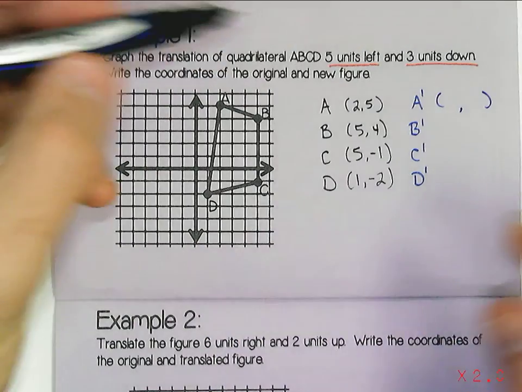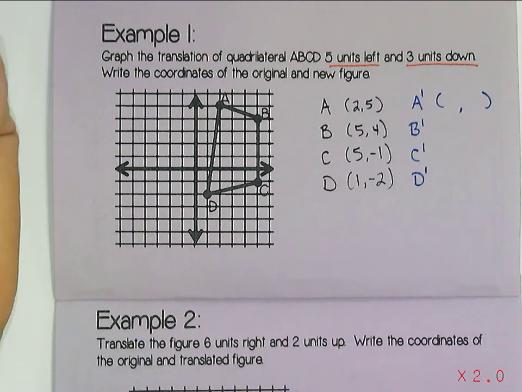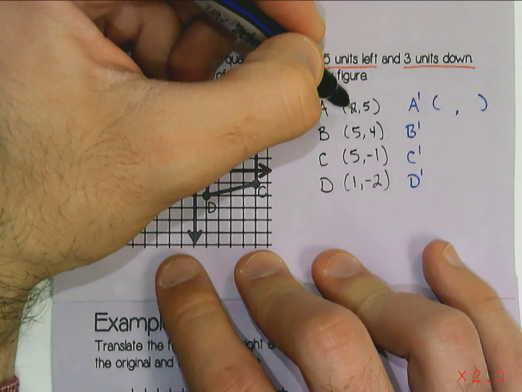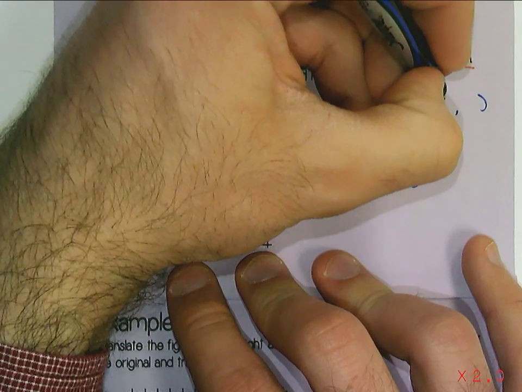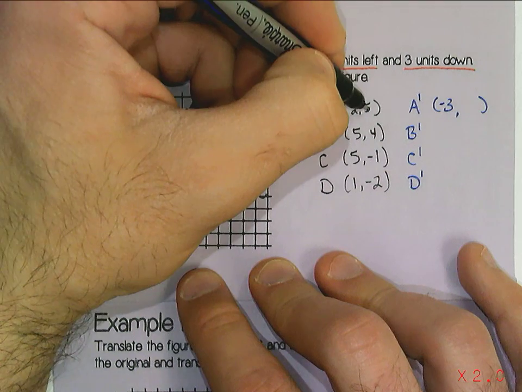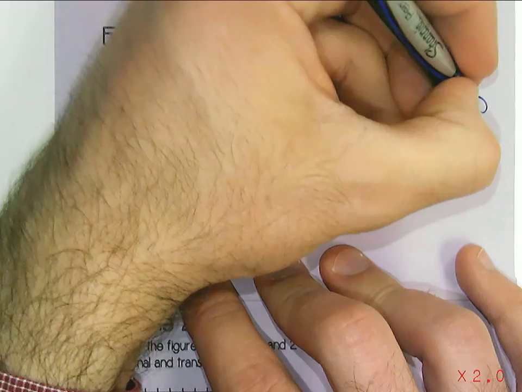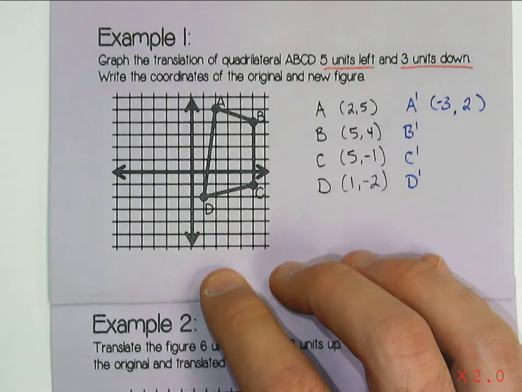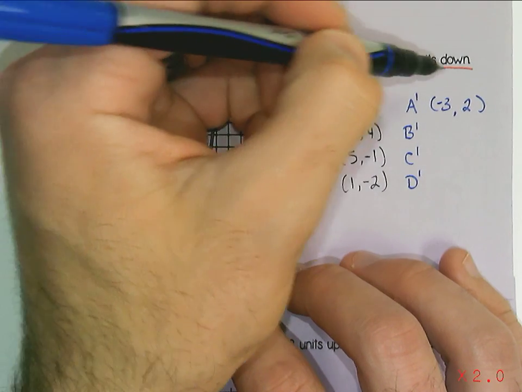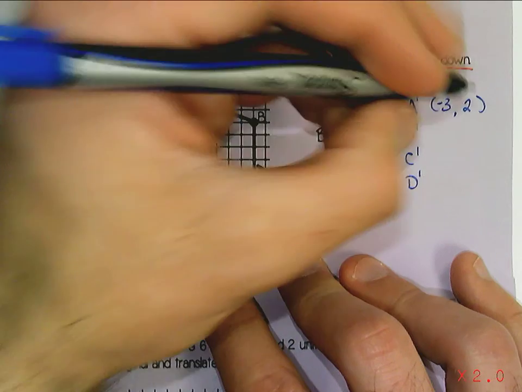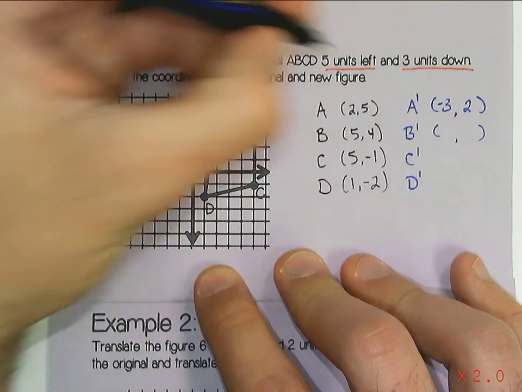And they both should be going down because they're both in the negative direction, in a sense. So 2, if I go 5 units down from there, I'm going to be at negative 3. 5, if I go 3 units down, I'm going to be at 2. So we're just subtracting here. That's all we're doing. Left means we're subtracting. Down means we're subtracting. If it were right, we'd be adding. If it was up, we'd be adding to the points.